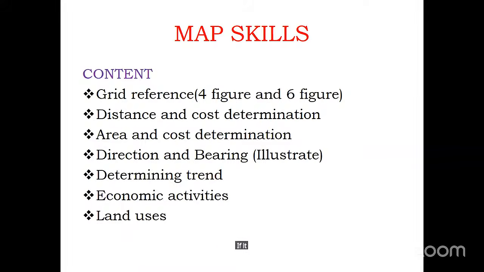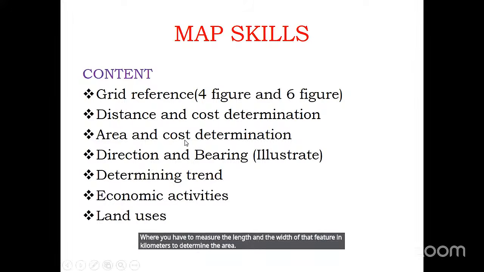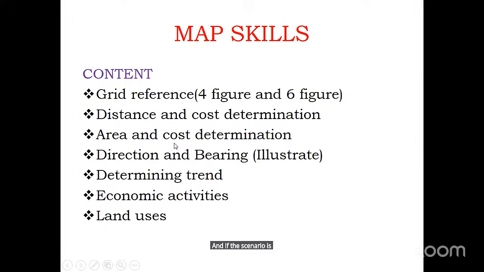If it is a regular shape, for example, they give you a feature in the form of a rectangle, definitely a mathematical formula is used where you have to measure the length and the width of that feature in kilometers to determine the area. And if the scenario is talking of buying that piece of land, you will do multiplication.